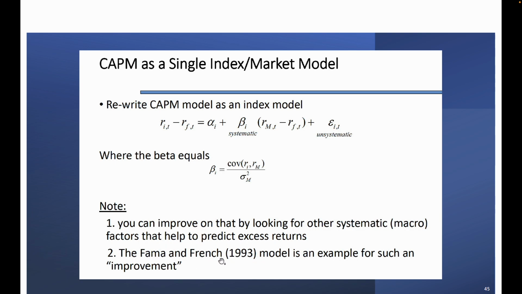They made papers out of it, finding there are other factors which provide significant estimates of future returns. It's the value factor, it's size. So small firms tend to perform better than big firms, or a value firm tends to perform better on average than a growth firm. Now, a value firm is a firm with high dividend yields.